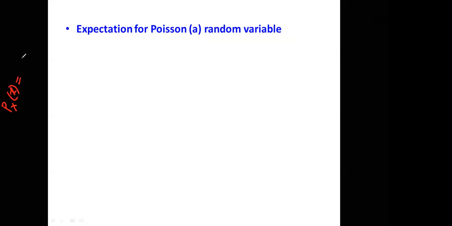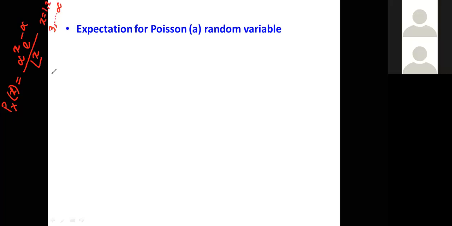Alpha to the power x, e to the power minus alpha divided by factorial x. This is for x equals 0, 1, 2, 3, like this up to infinity, and 0 otherwise. Can we remember this one?